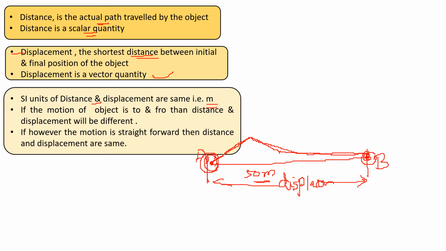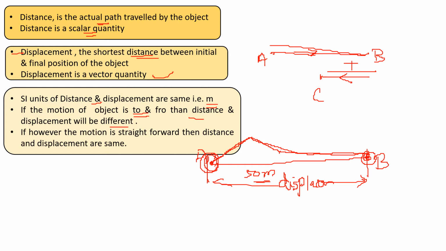If the motion of object is to and fro, then distance and displacement will be different. Now consider this case. Okay, say the object is here, starting point. It has traveled this distance, it has reached B, and then again from B it travels backwards and reaches some point C. So in this case, the total distance traveled by the object will be this plus this. Right, this becomes the total distance because it is to and fro motion.